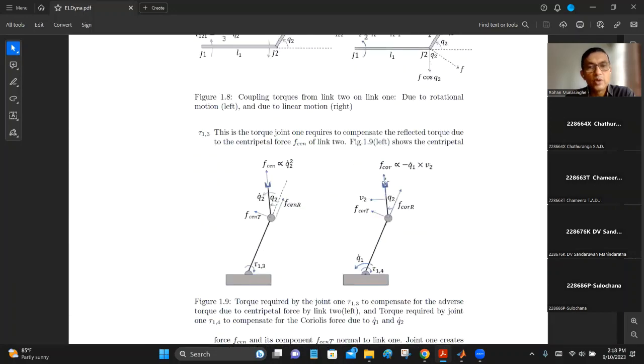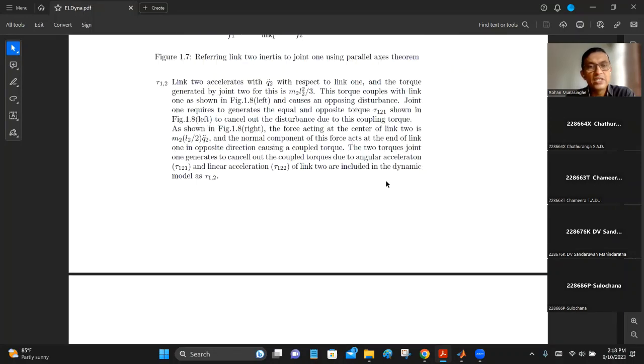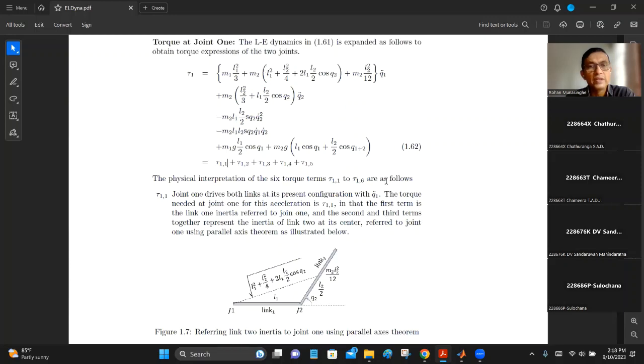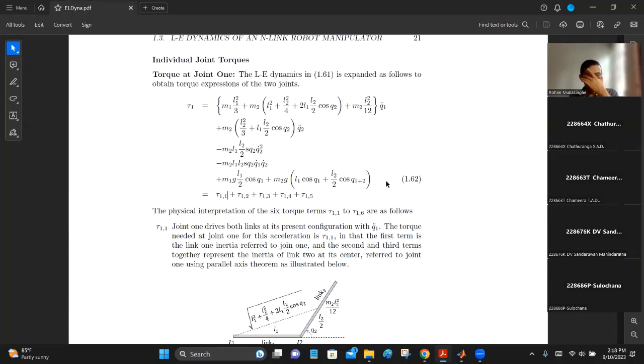All right. So we broke down all of these 5 terms of tau 1. This is the torque required at joint 1. For what? Number 1, to just keep it in that position, Q1, Q2 position, okay, against the gravity.